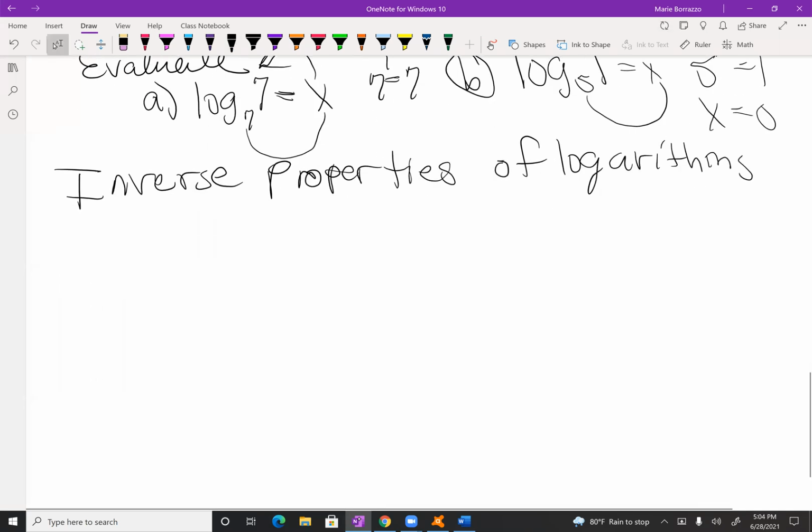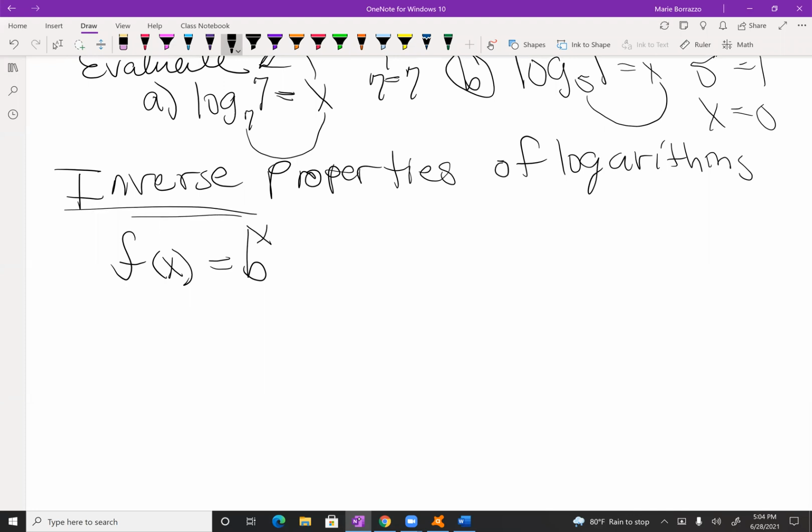If you know that f of x is equal to b to the x, and we're trying to find its inverse, step 1 is that y is equal to b to the x. So basically change f of x to y. The second step, we swap x and y. So this is really x is equal to b to the y.